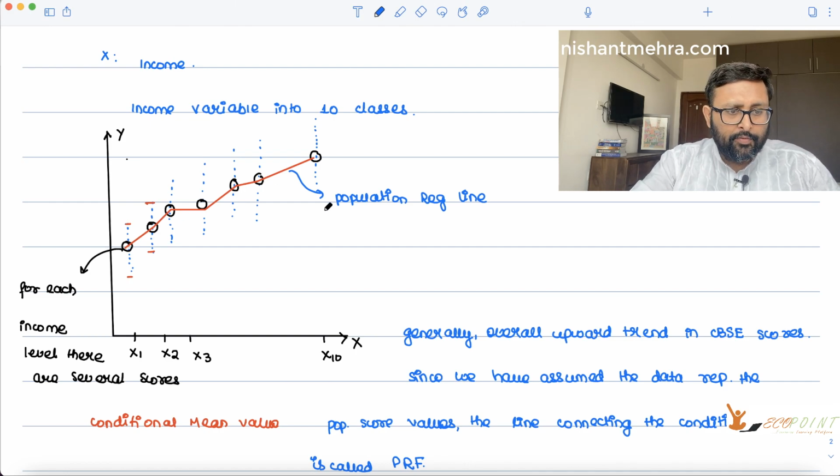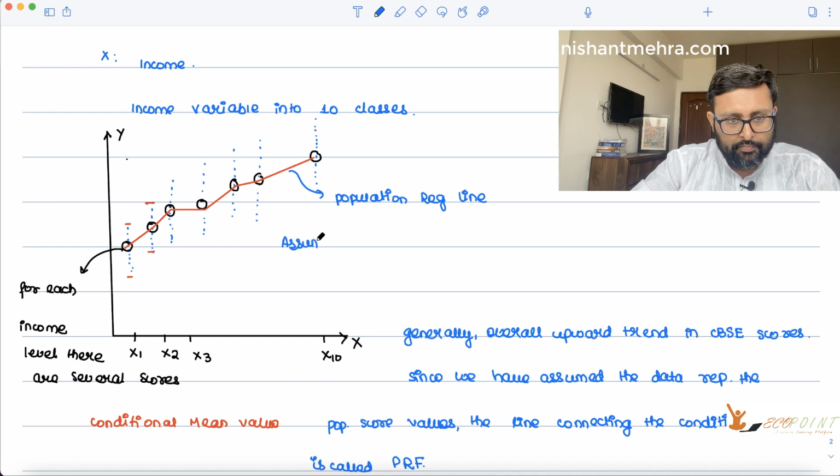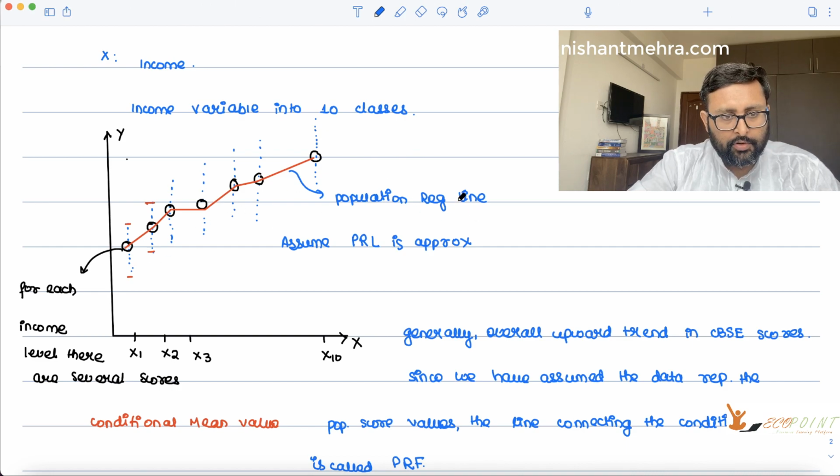It seems somewhat linear, so you can assume a linear population regression line. It is not curved enough, so it's approximately linear.